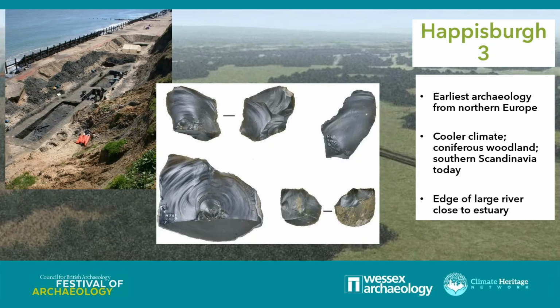A particularly important site, though, was the subsequent discovery of a site at Happisburgh 3. First of all, this pushed back the evidence of human occupation both in Britain and Northern Europe to at least 800,000 years ago. But perhaps even more interesting than the site's age are the environments it was associated with. It wasn't a Mediterranean environment like that at Pakefield.